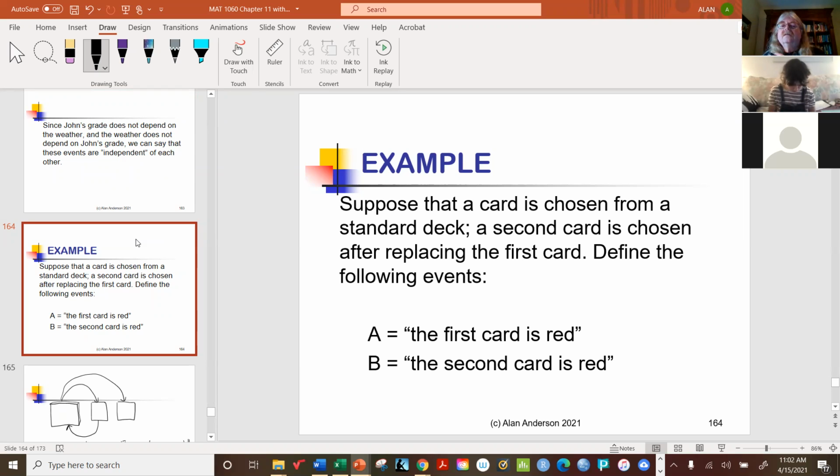Now, because I'm putting the first card back, that means that when I pick the second card, the entire deck is still intact. And so therefore, the chances of getting a red on the second card is not influenced by what happened on the first card. That means that these events are independent of each other.